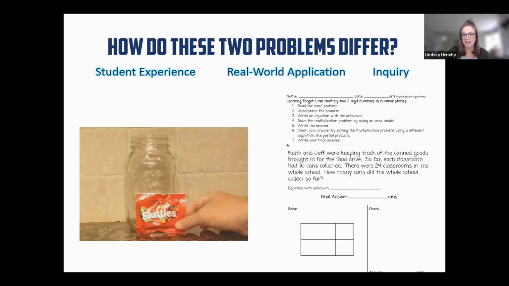The next question that I have for you, we're going to skip over to the other side, is how this promotes inquiry. And the reason I'm asking you about inquiry, we talked about it at the beginning, is it's a high frequency word in education, that it's inquiry based. But really thinking about what inquiry is, we also know that inquiry is based a lot on student direction and where students go with their learning.